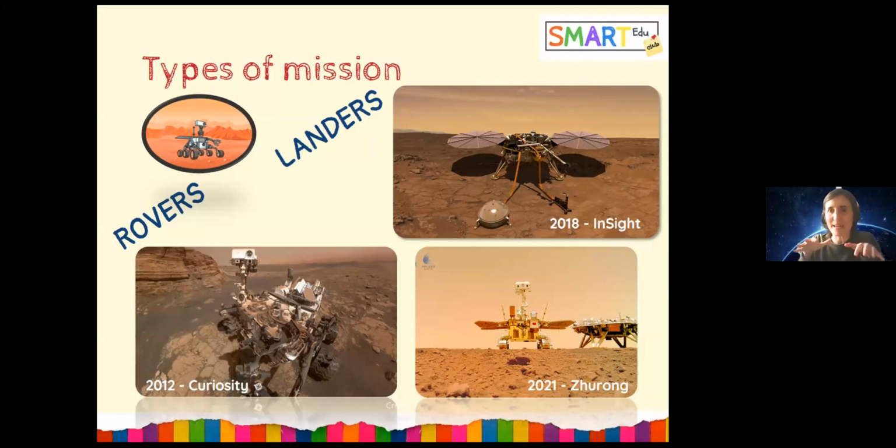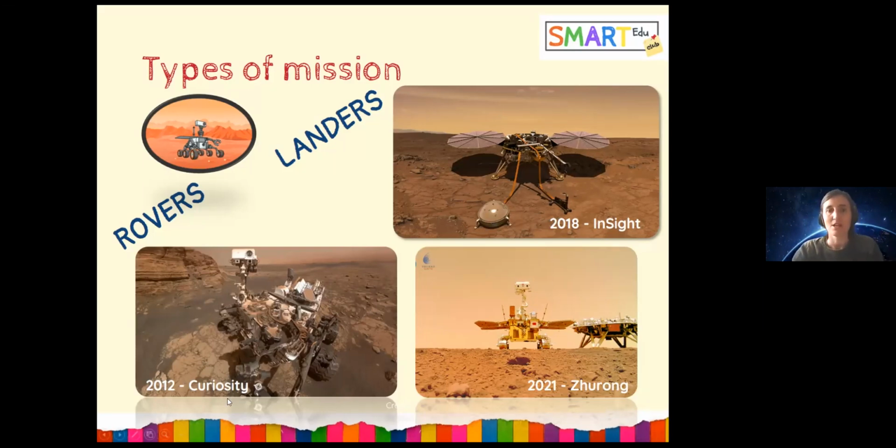Seismo, let's say, means shaking. So a seismometer is measuring, in this case, Mars quakes. Seismometers on Earth are measuring earthquakes. So it's measuring how the ground is moving and shaking.